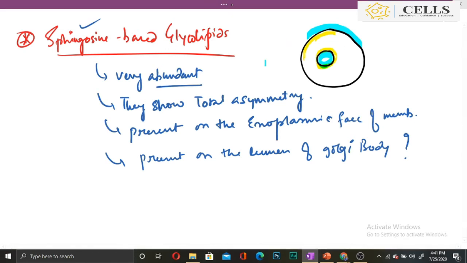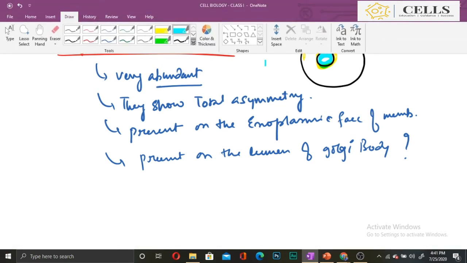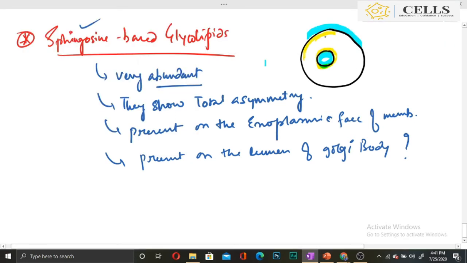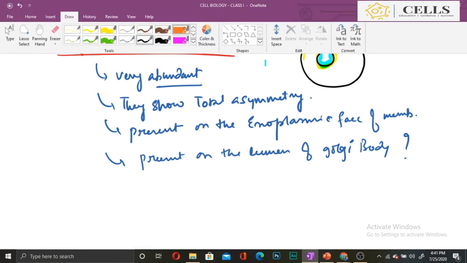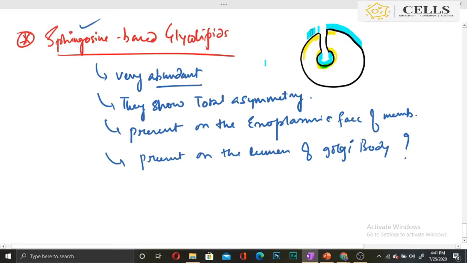Because I will show you why. If there is a vesicle fusion, now do it like this. So you can see that this outer part, that is the exoplasmic part, is going inside the lumen.